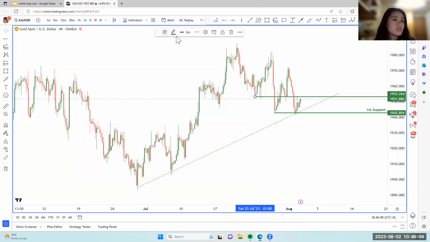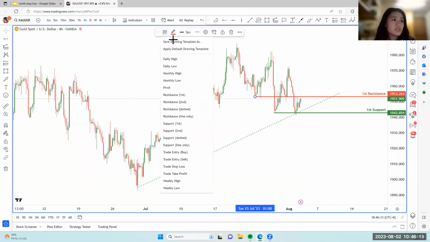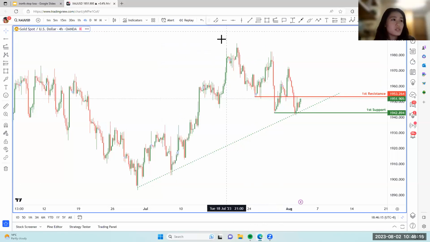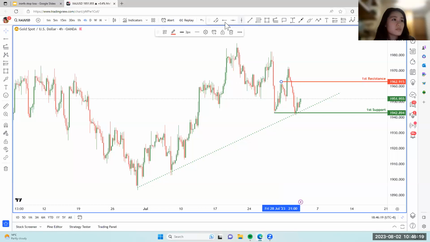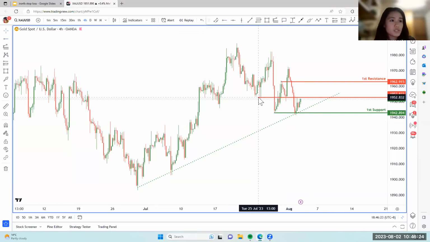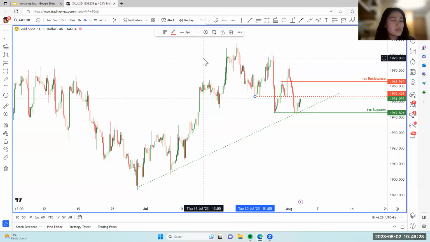Next, I have a resistance level here. But I'm not going to label this as my first resistance. I'm just going to call it an intermediate resistance because it's really close to where price is at currently. So I just want to keep that in mind.